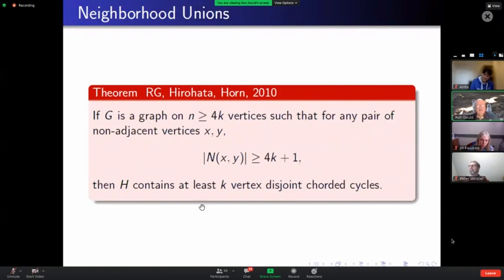So back in 2010 with Hirohata and Horn, we were able to show if n was at least 4k as usual, such that for any pair of non-adjacent vertices, N of x, y was at least 4k plus 1, then our graph G contains at least k vertex disjoint chorded cycles. So a simple neighborhood condition getting k vertex disjoint chorded cycles.